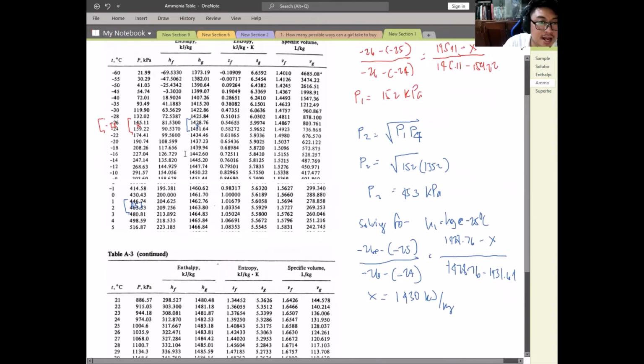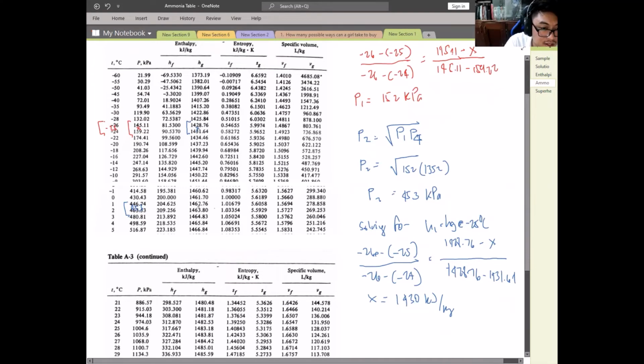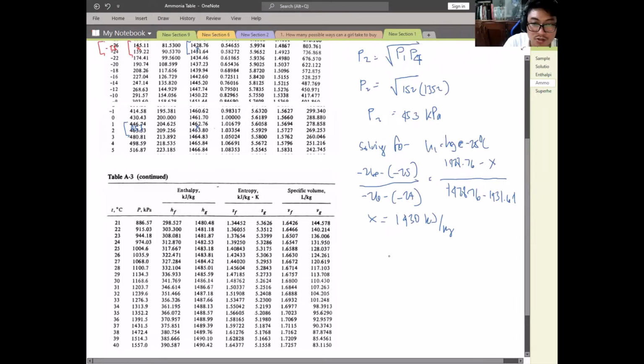Then ating hanapin natin is si HG. Andun si H3. Okay? So solving for H3, HG at 453 kPa. So same, pressure to HG naman ang gagamitin natin. So 446. So upper limit, 446.74 minus 453.